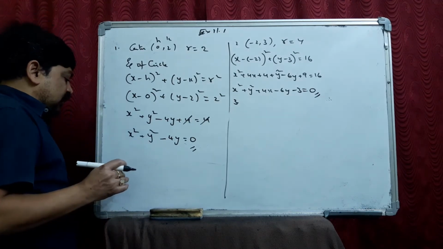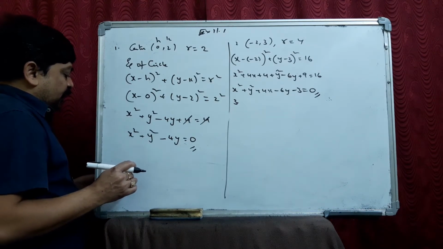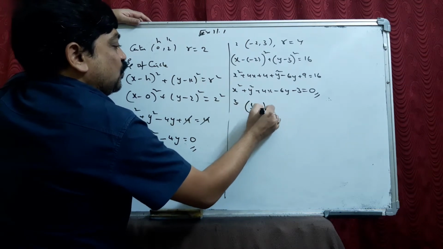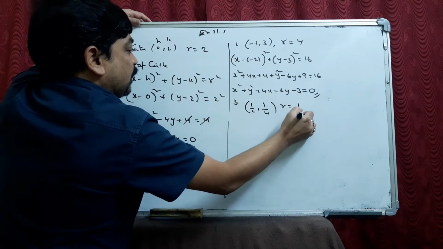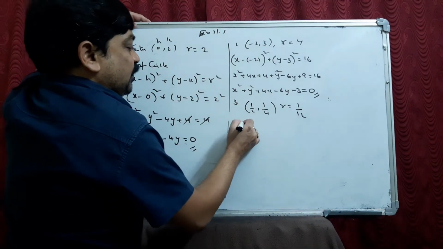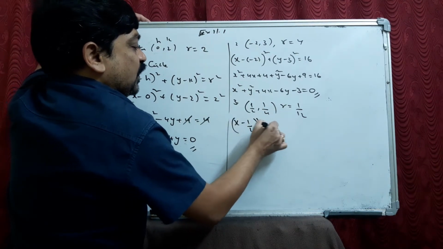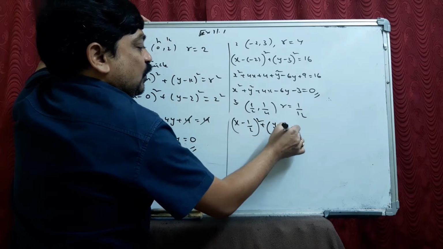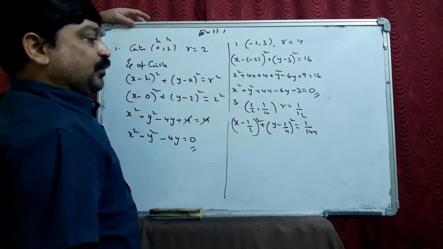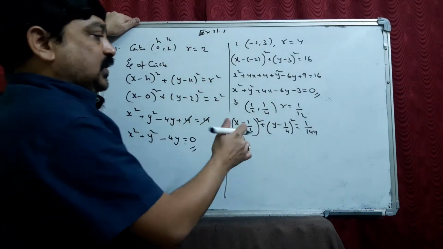Okay. See the next one. Center 1 by 2, 1 by 4, radius 1 by 12. Center 1 by 2, 1 by 4, r is 1 by 12. Expand this. X minus h whole square, y minus k whole square is equal to 1 by 12 whole square, 1 by 144. Okay, you can simplify directly.